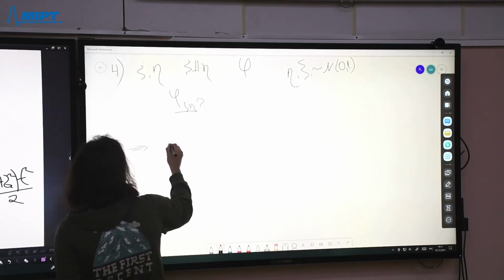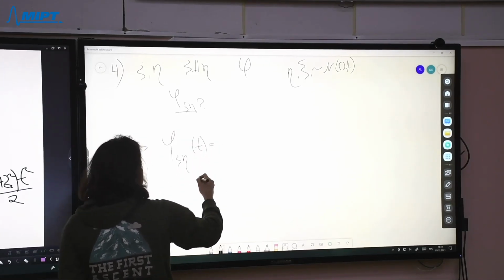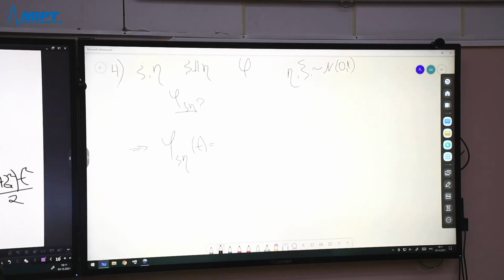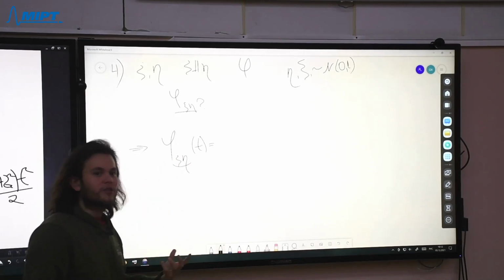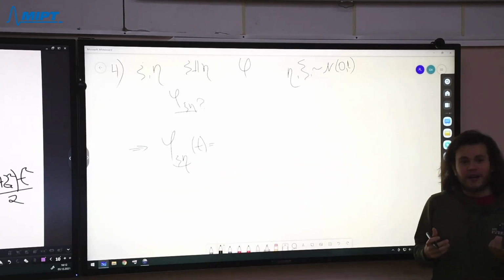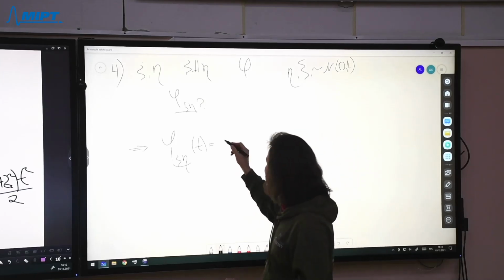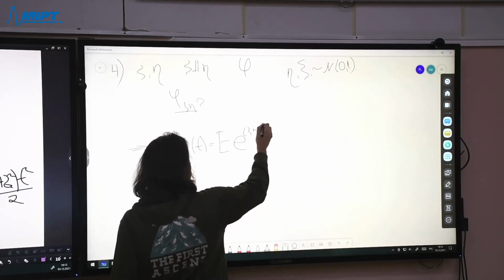The characteristic function of the product of psi and eta: this is a new random variable, since multiplying two random variables gives a new random variable. So we just need its characteristic function, e to the i psi eta t.